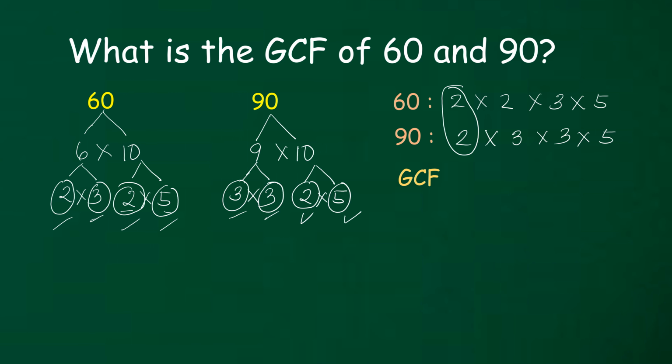So we have 2 here, we have 3, and we have 5. So let's multiply the common factors. The common factors are 2, 3, and 5. So that is 2 times 3 is 6 times 5 is 30. So our GCF for this is 30.